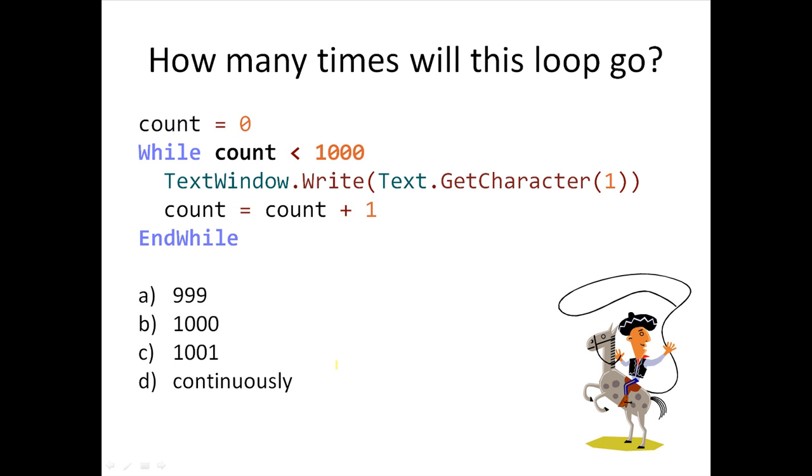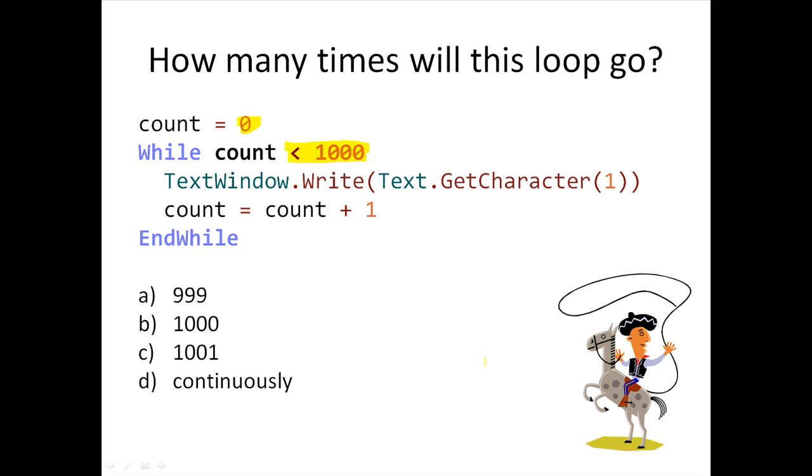Okay, this loop is again very similar to the previous two. Here we start count at 0, that matters. We're going to keep going while count is less than, not including, 1,000.